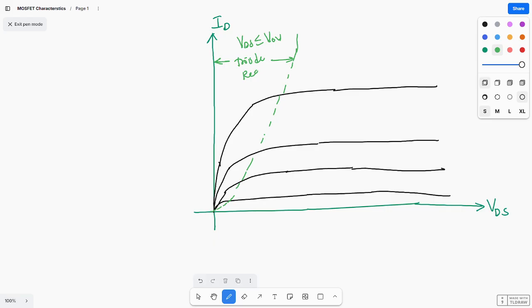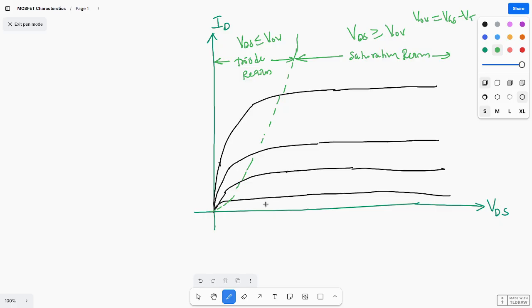Triode region means both linear and non-linear regions. After this, the current becomes constant, and this is the saturation region. In this saturation region, VDS is greater than or equal to VOV, the overdrive voltage, which is VGS minus VT.